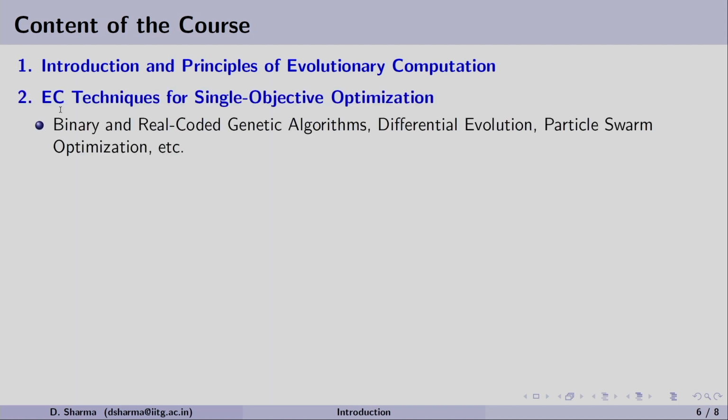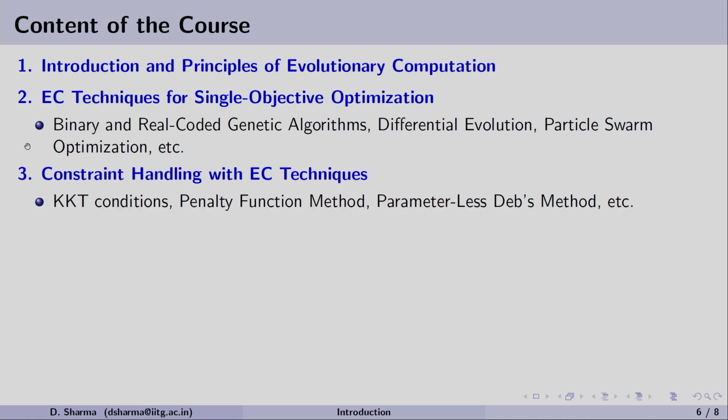Thereafter, we will be going through the EC techniques for single objective optimization. In this particular category, we will be starting with binary and real coded genetic algorithm, differential evolution, particle swarm optimization, etc. Once we finish these EC techniques, we will move to the constraint handling techniques with EC techniques.